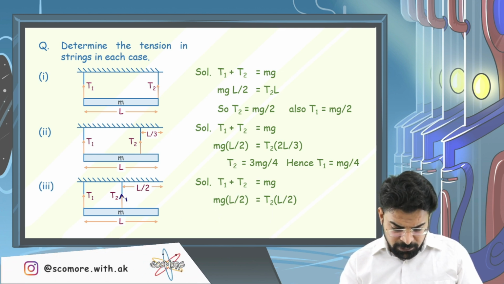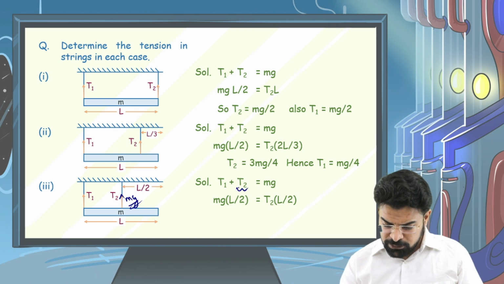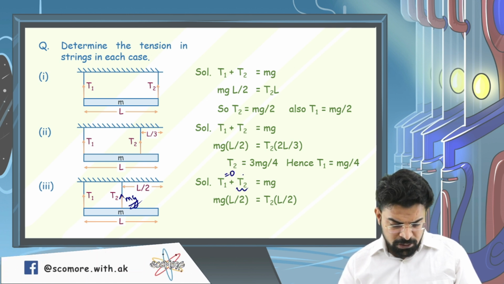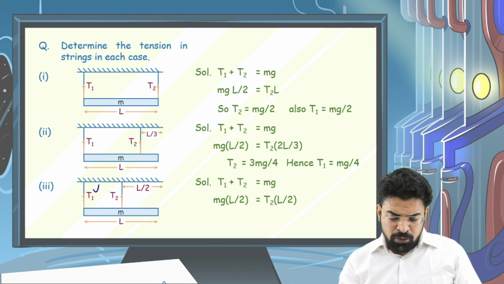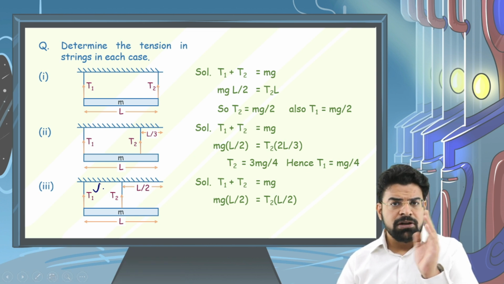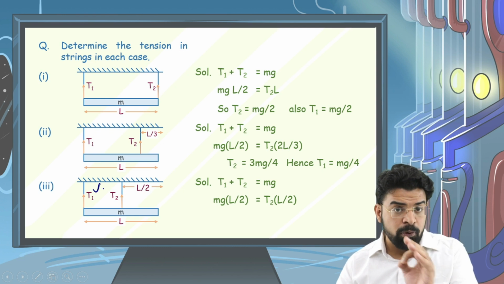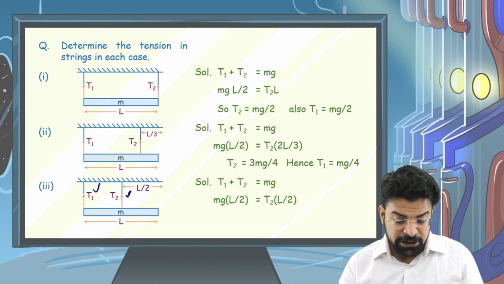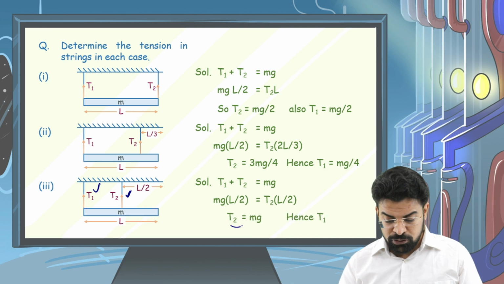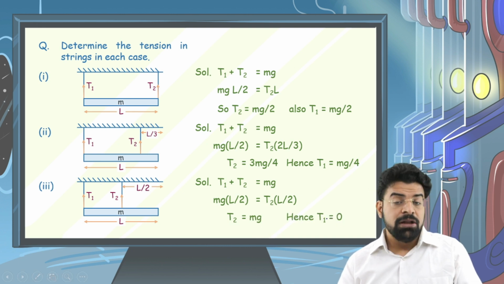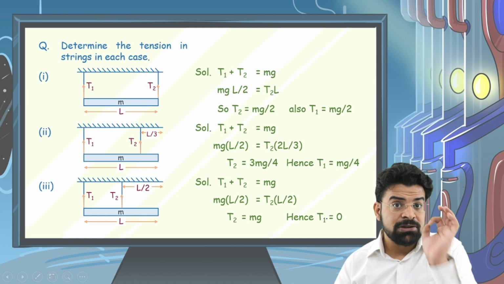So T2 equals the weight. If T2 equals the weight, then T1 has to be 0. So there will be no tension in the string on the left. The entire weight will be supported only by this string. So you get T2 equals mg, hence T1 is 0. There will be no tension in the string on the left.